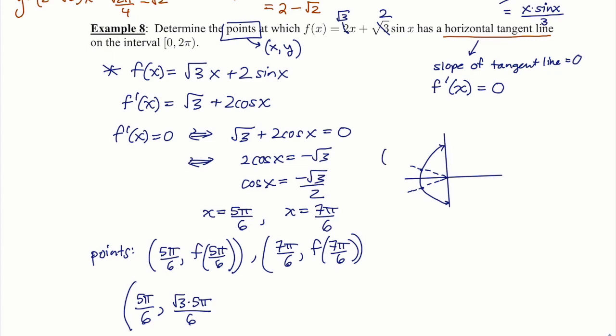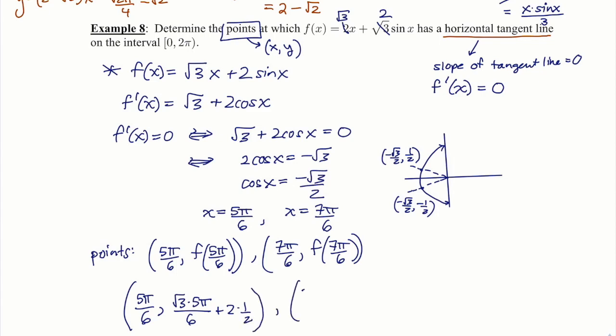If we think about the coordinate here, we'd have the x is negative square root of 3 over 2, and the y is a half. And down here, when x is 7 pi over 6, I would have negative square root of 3 over 2 and negative a half. So sine of 5 pi over 6 will be a half. So plus 2 times a half for that one.